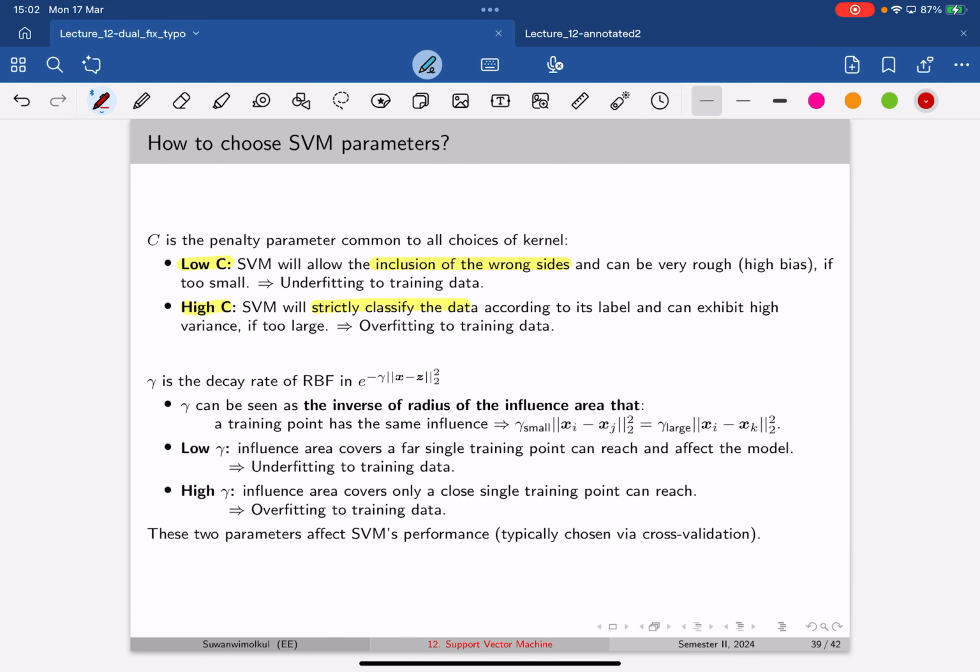Yes, in here I just provide some examples of what it would look like if you increase the C value, the slackness in the SVM problem, and what it would look like if you increase the gamma value for the radial basis function.